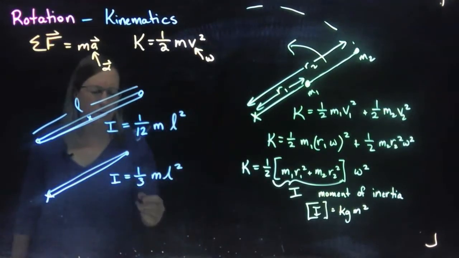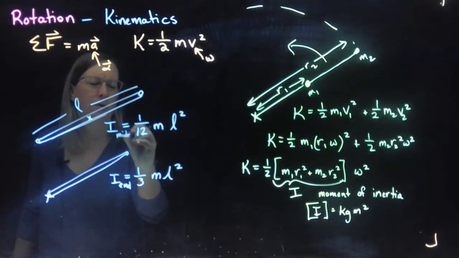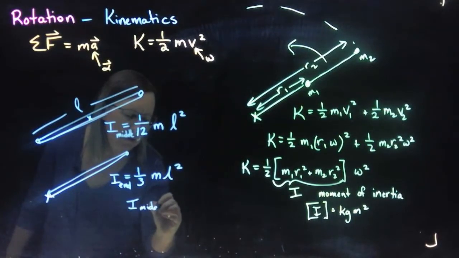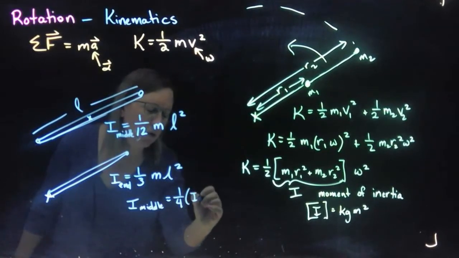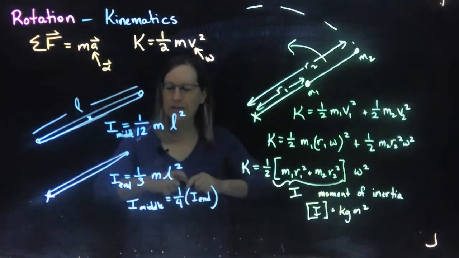And notice the difference between these: the moment of inertia around the middle is equal to 1/4 the moment of inertia around the end. So it's a lot less, and you can test this out for yourself.